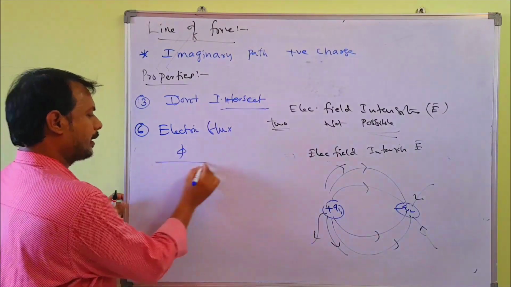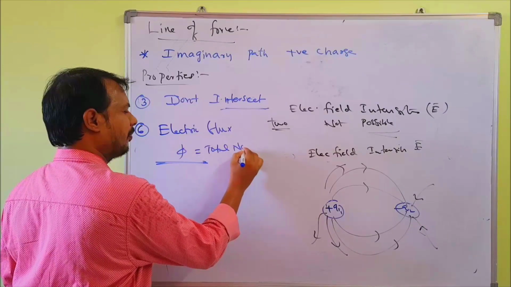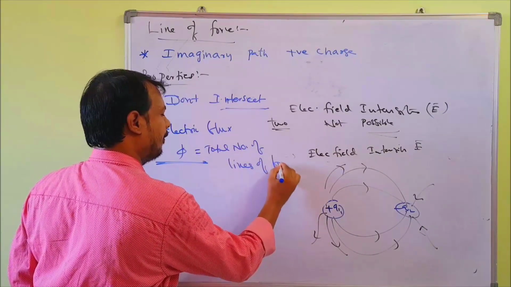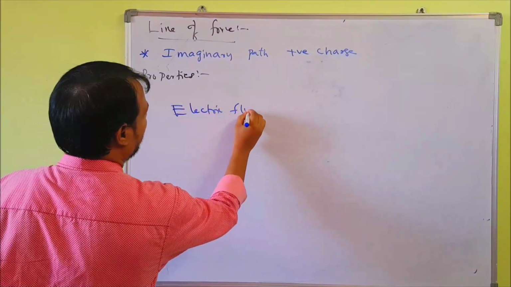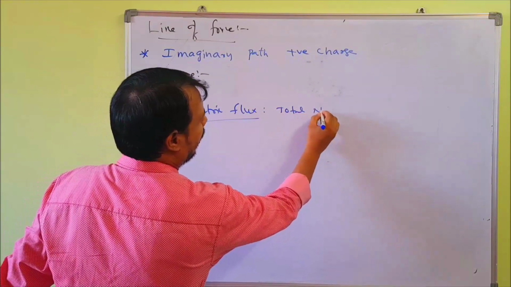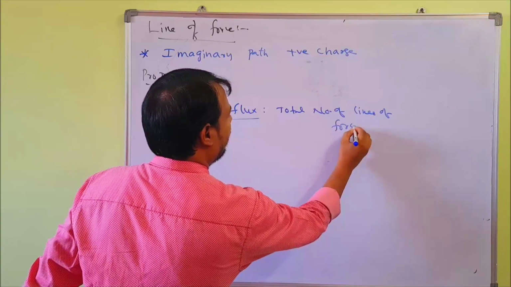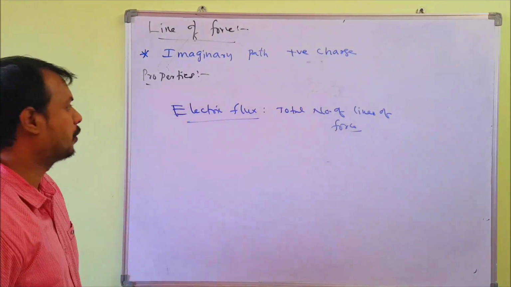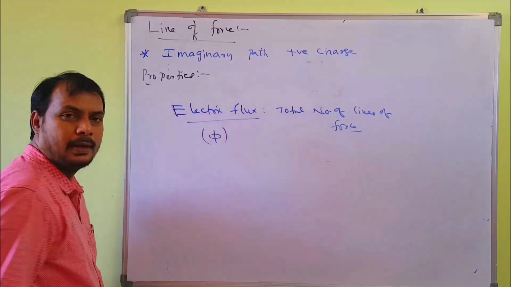So electric flux is the total number of lines of electric force. Just now we discussed electric flux. Electric flux is nothing but the total number of lines of force in a given area, represented with the phi.